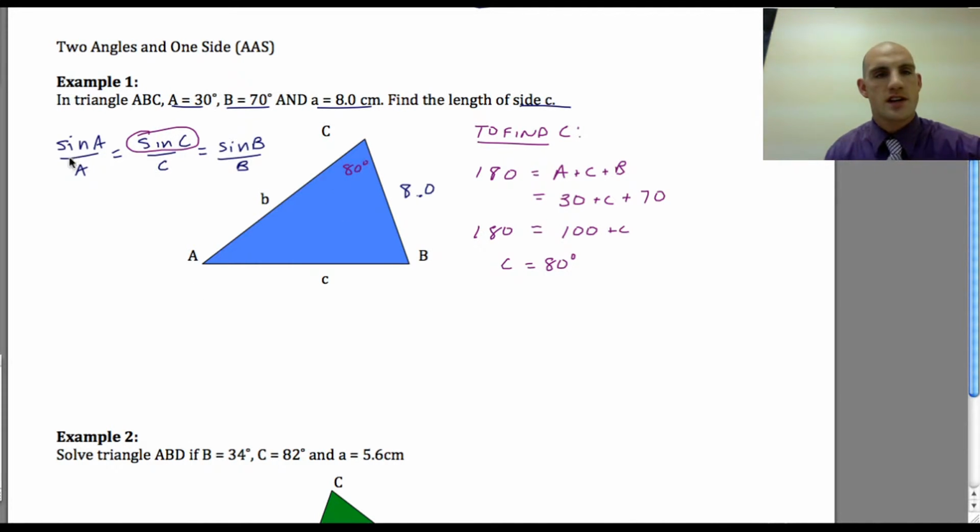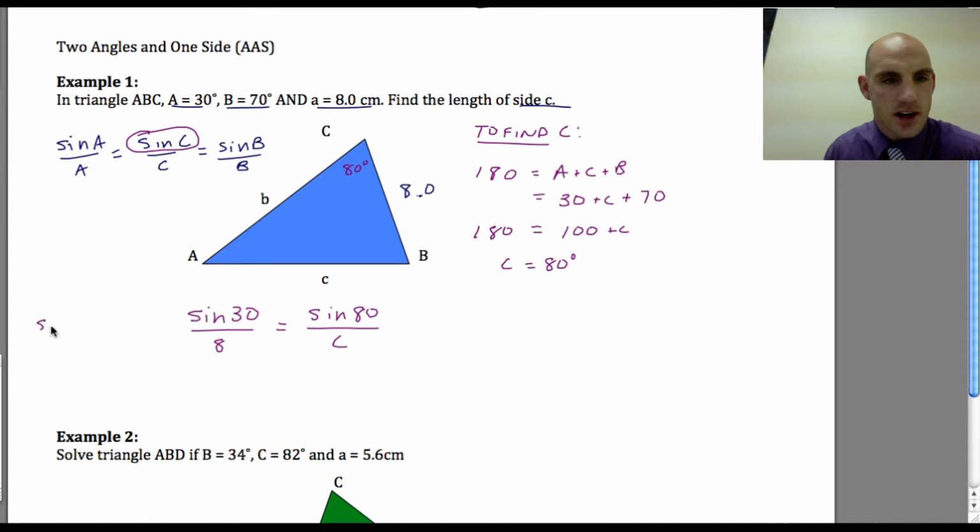So the sine of A, which is 30, over A, which is 8, is equal to the sine of C over C. Okay, so this is sine of A over A is equal to sine of C over C. We fill in our values.